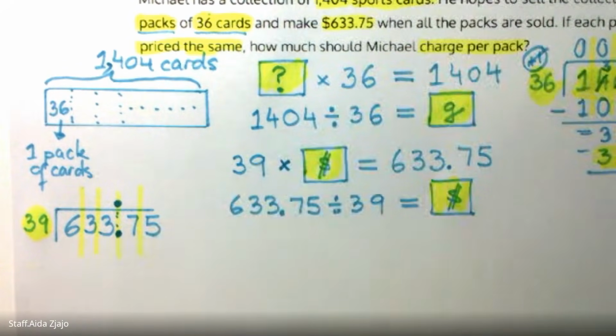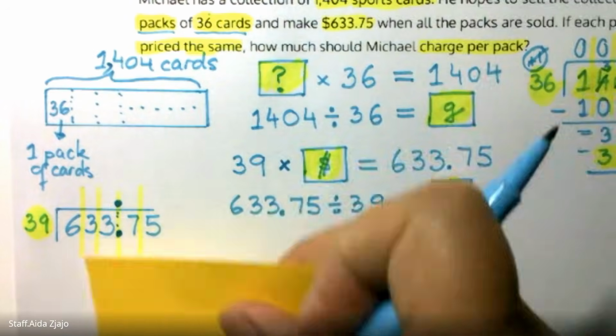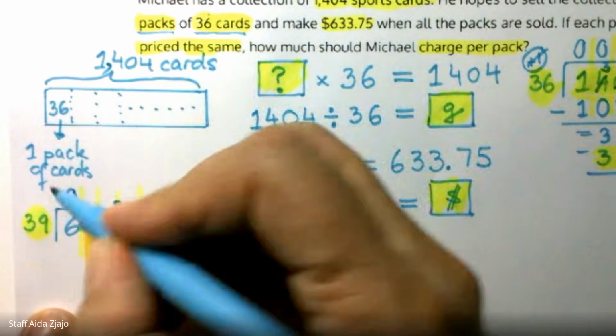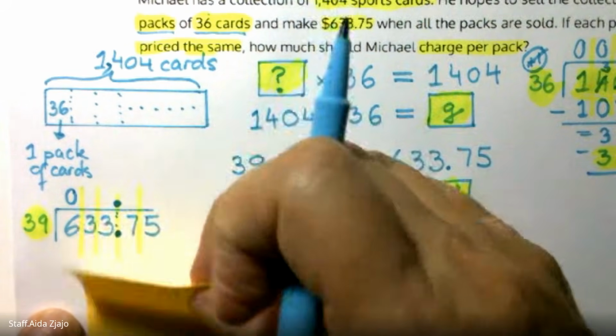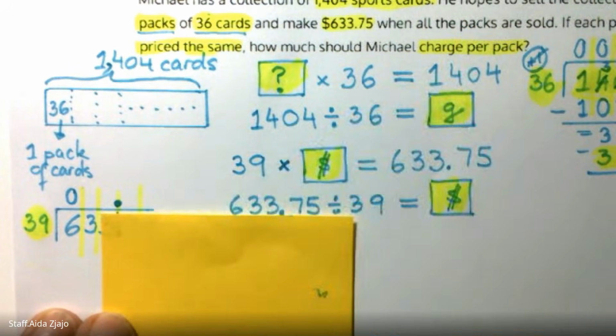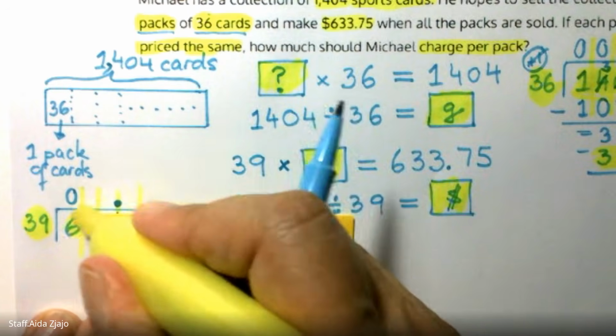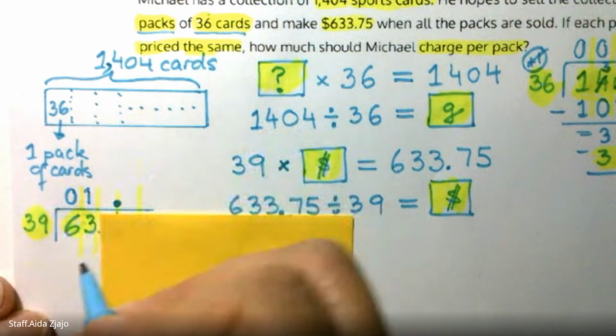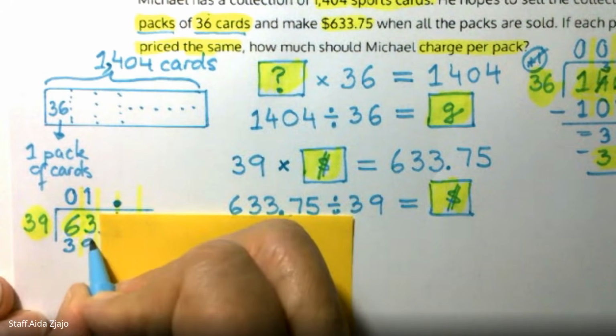So now I'm going to go one number at a time. If I have 600, I cannot make any groups of 39. Now, if I have 63, I can make one group. 1 times 39 is 39.